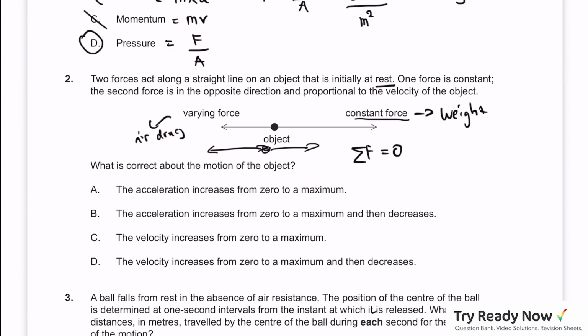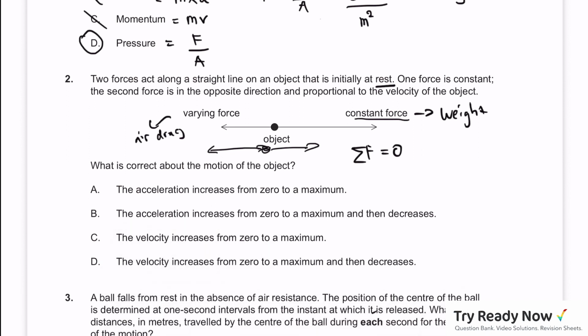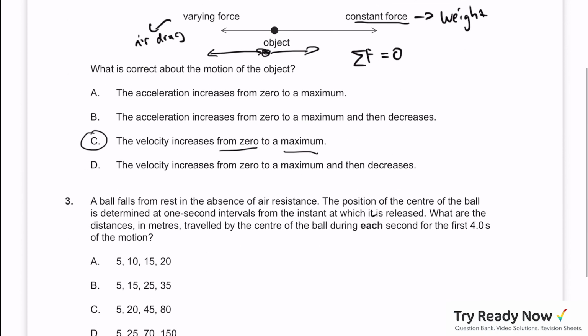And this means there will be no acceleration. This means for this one, option C is our answer. And this is because velocity increases from 0 to a maximum. And at the maximum, this is when the total force sums up to 0. Now let's move on to question 3.